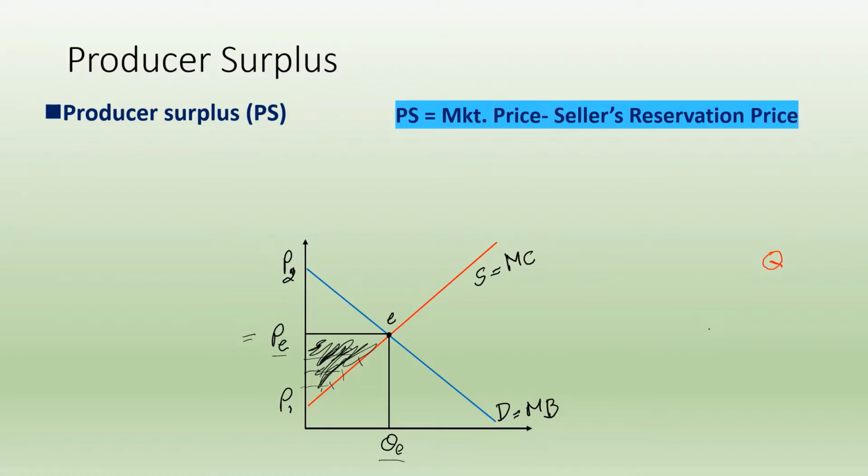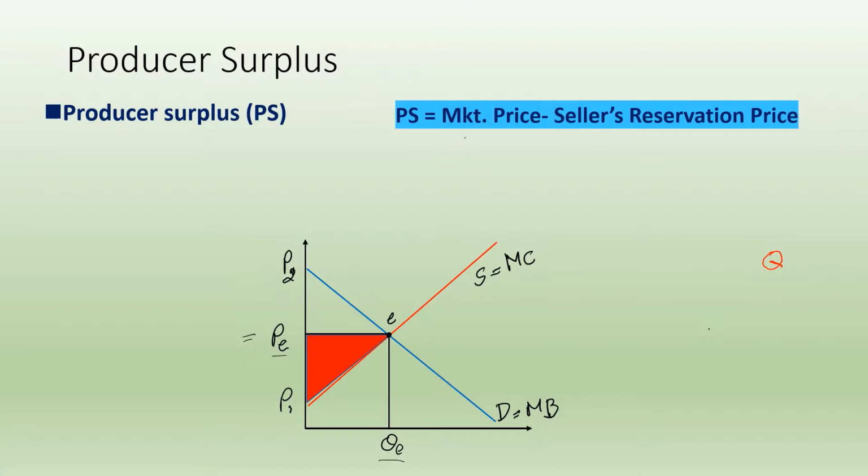Why? Because in that case the market price is equal to the reservation price. So the producer surplus is the area under the market clearing price and above the supply curve.